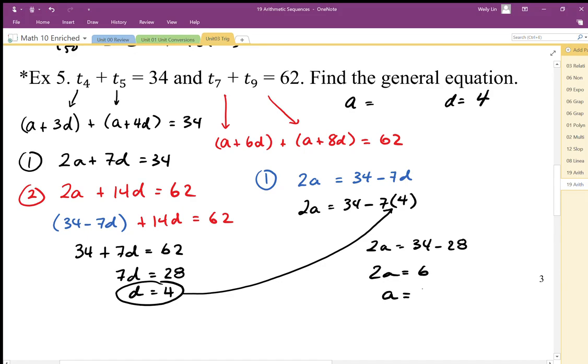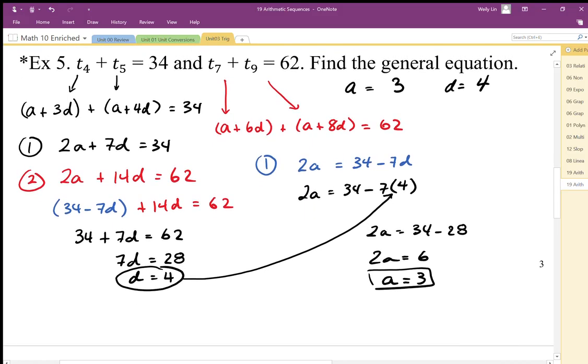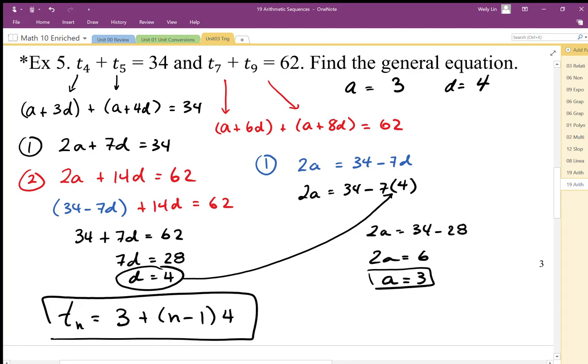Well, the starting value must be equal to 3, and I've figured this out algebraically. So I have enough information now to write my general equation. My general equation is Tn is equal to 3 plus n minus 1, and I'm going to go up by steps of 4. There's my general equation for the t values of this expression.